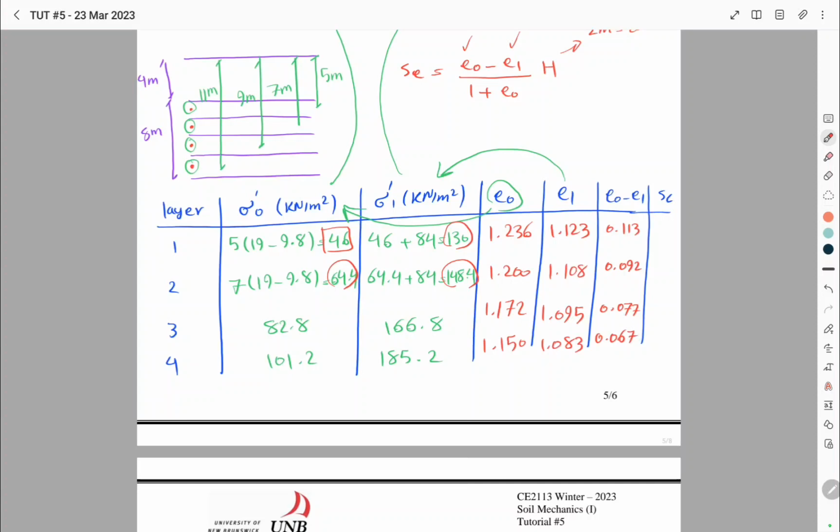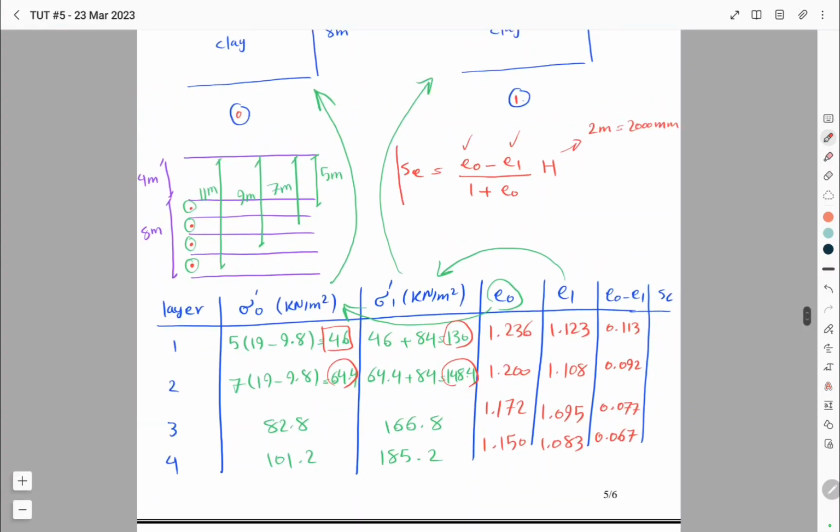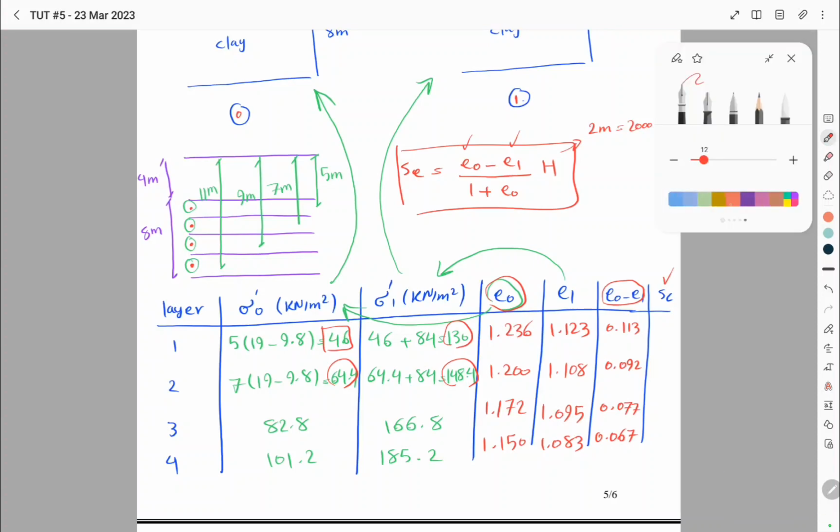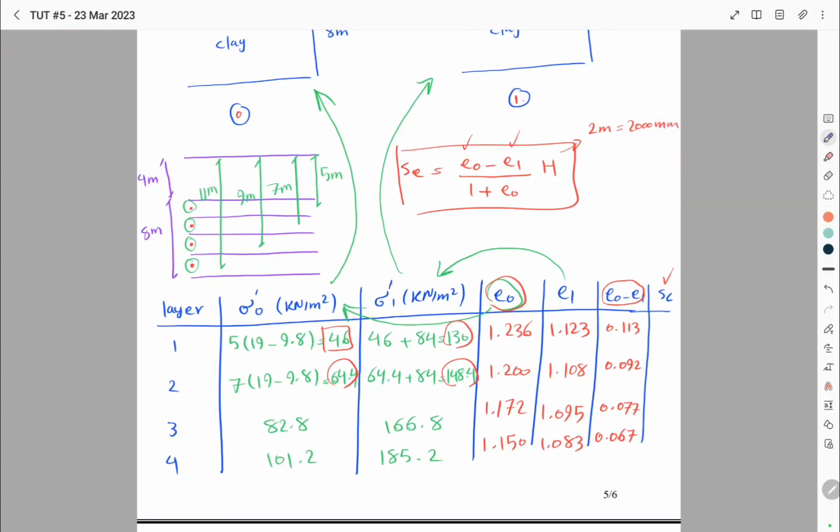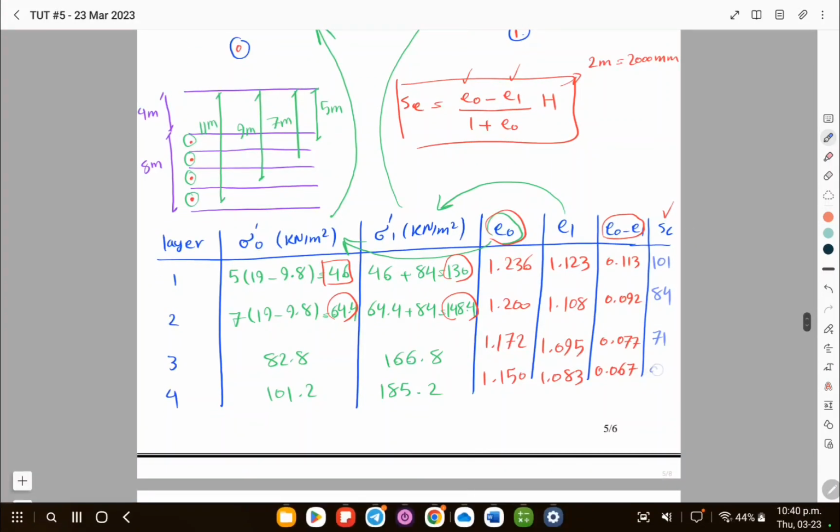And for SC, we're going to use this equation. So we have this, and we have this, we can determine this. I'm just going to write the final values. So this is 101, this is 84, this is 71, and this is 60.